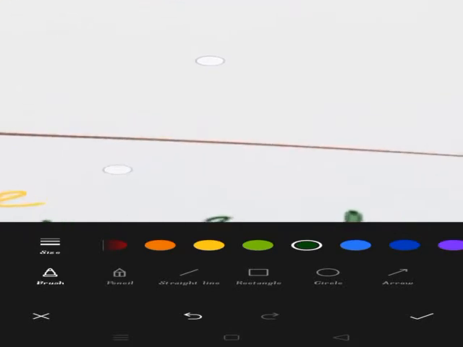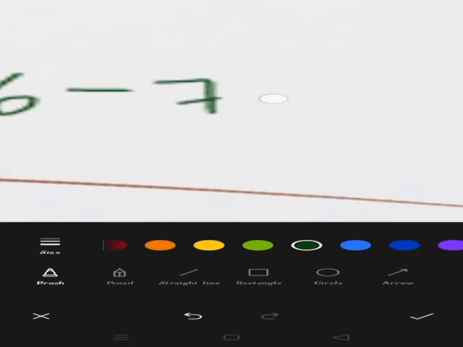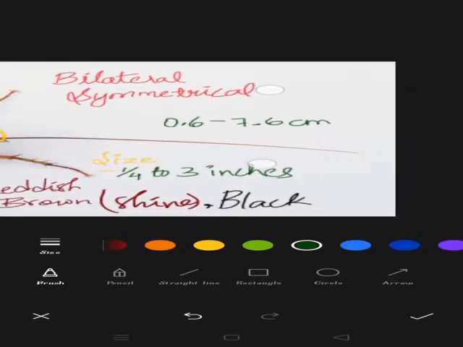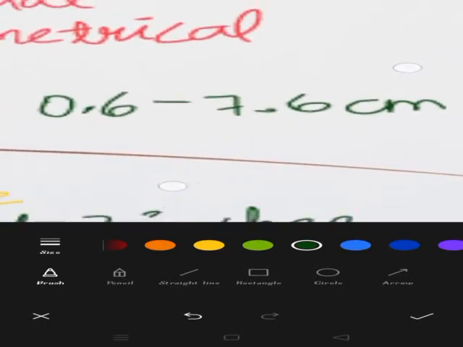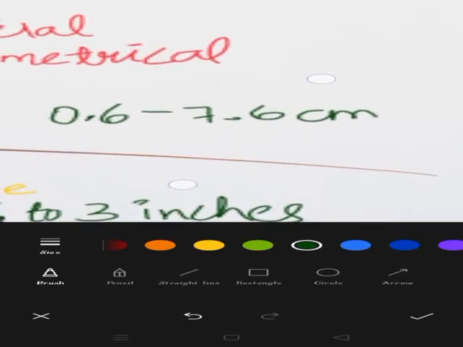If we consider centimeters, it is 0.6 to 7.6 centimeters. The range of the size of cockroaches is from 1/4 inch to 3 inches. In centimeters, it will be 0.6 to 7.6 centimeters.